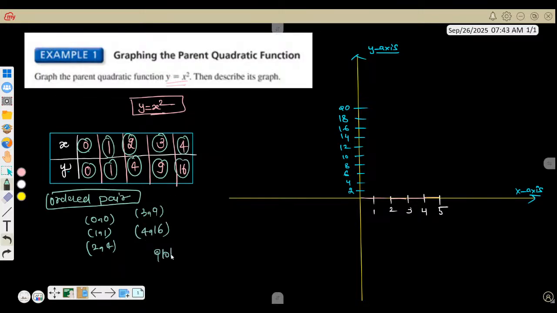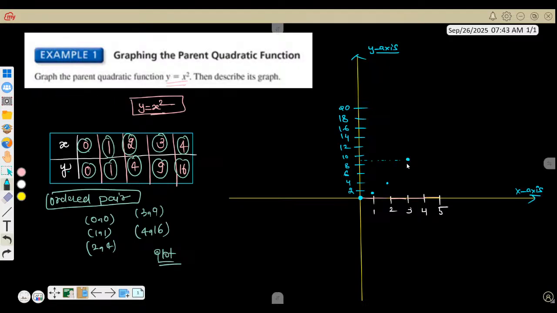Now plot these in graph. So first is 0, comma 0. So this is your 0, comma 0, and then 1, comma 1. So 1, comma 1 lies here. And then 2, comma 4. This is 2, and then 4. It will come here. Then 3, comma 9. So 3, where is 9?